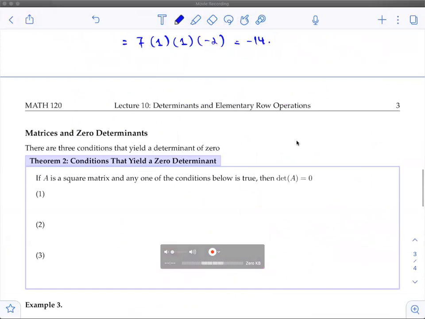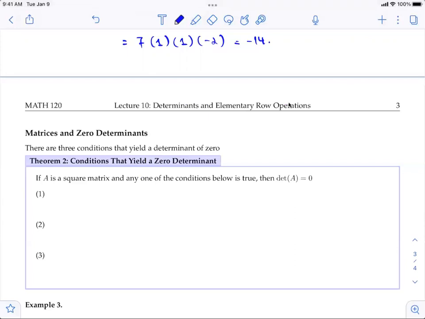So moving on to the last topic in this lecture, we consider matrices and the zero determinant of those matrices. Right? There are three conditions that yield a determinant of 0. So let's consider A is a square matrix, and if any of the following conditions below is true, then the determinant is equal to 0.